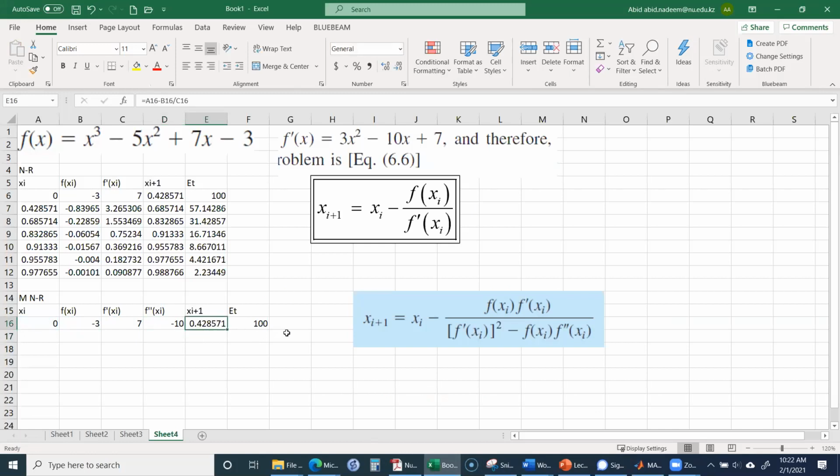So now xi plus 1 is not the same; the formula is different.